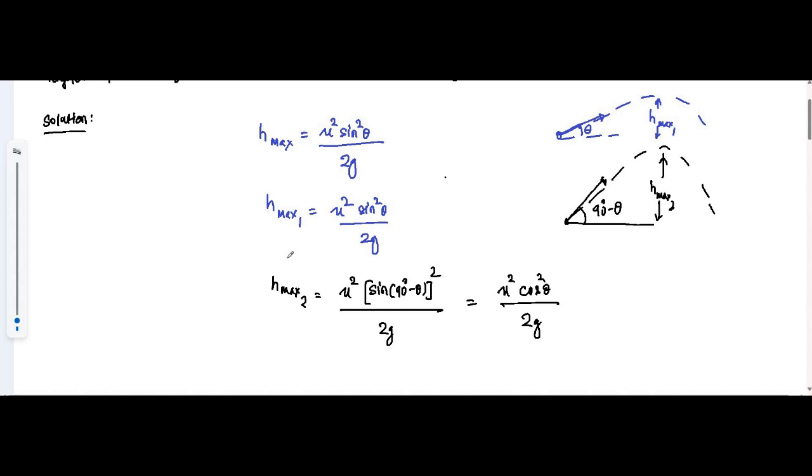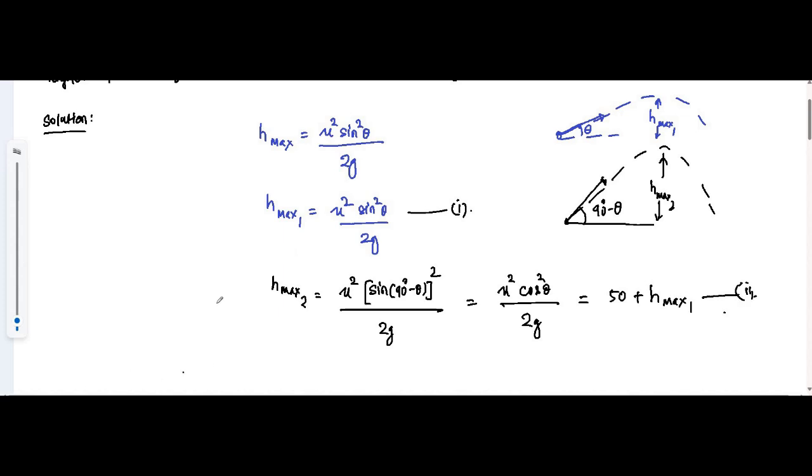Now according to the question, H max 2 is 50 meter more than H max 1. Okay, 50 plus H max 1. So this is the first equation, this is the second equation.